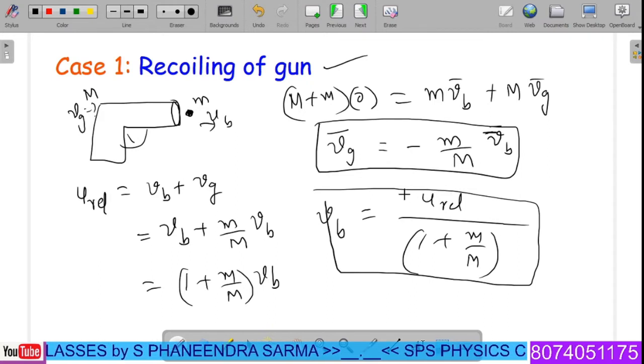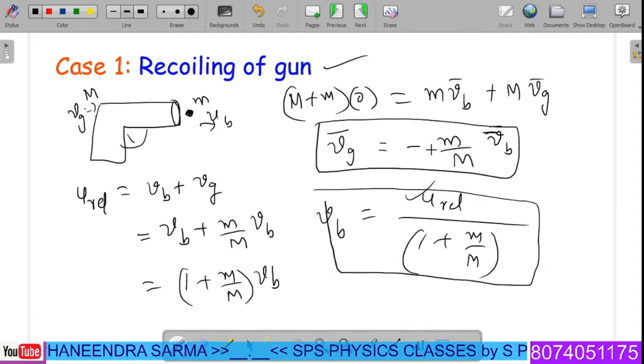They can give the relative speed between gun and bullet, u relative, and ask us to find the speed of the bullet. Substitute in the formula and we get Vb. Similarly, knowing Vb, substitute it in this formula to find Vg. These are the things you have to remember in recoiling of a gun.